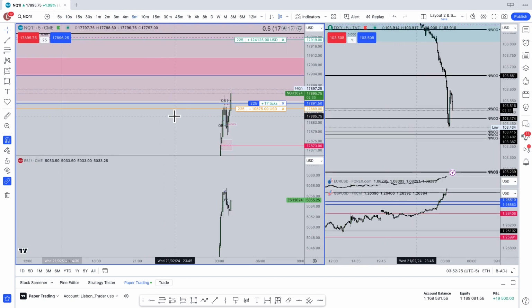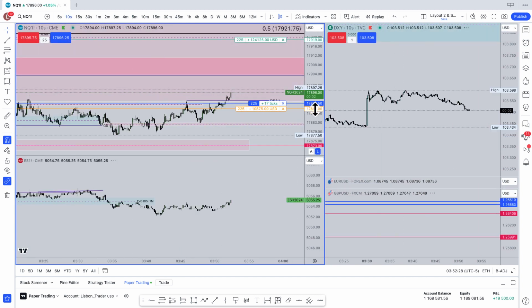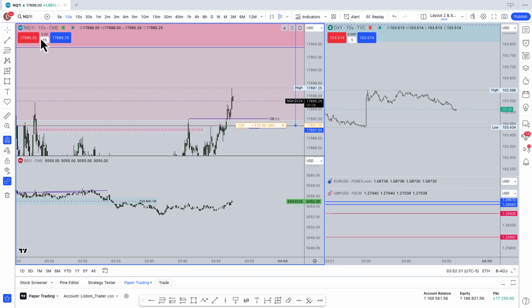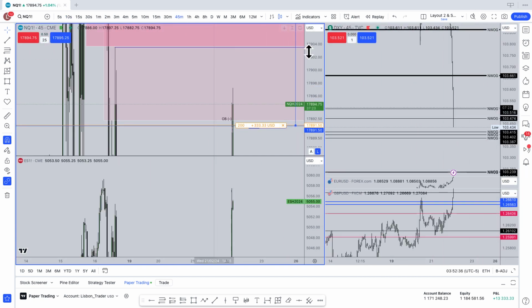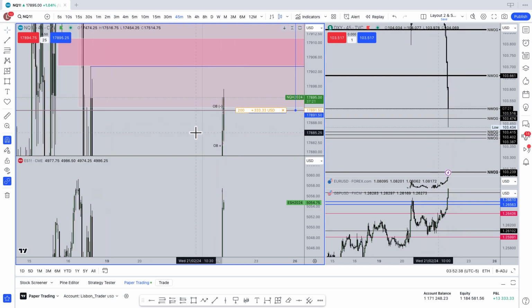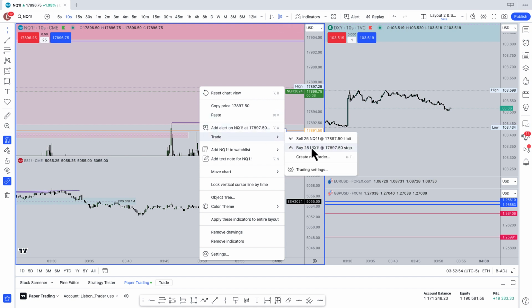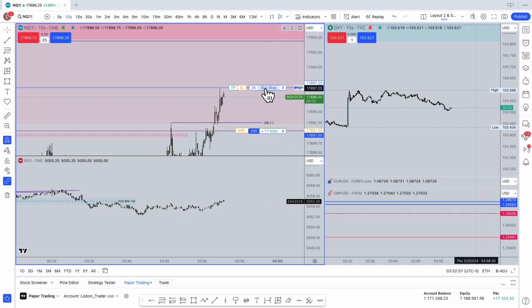So 20k in profit now. So putting this at break-even, putting something in balance. So we were almost 28k drawdown, 15k. So recouping it at this present moment. So want to keep on buying this as we go higher.